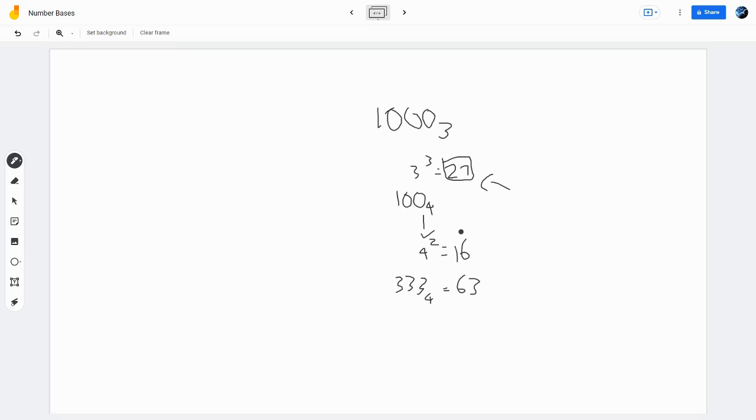Since the smallest 3-digit number in base 4 is smaller than the smallest 4-digit number in base 3, this is a more specific range, right? If we go to 26, this is not going to be 4 digits in base 3 anymore. So 27 is both in this range and also the minimum in this range. So that's why it's the answer.